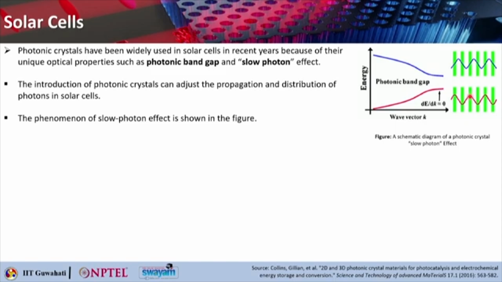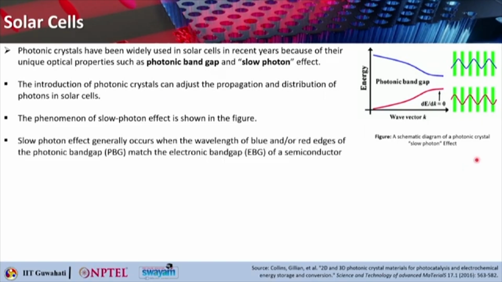Now when you look at the photons of the blue band edge, they are mainly concentrated in the air gap in between. So they are basically in the low refractive index material, okay. So by regulating the distribution of the functional material in the photonic crystal, photons can be effectively utilized.